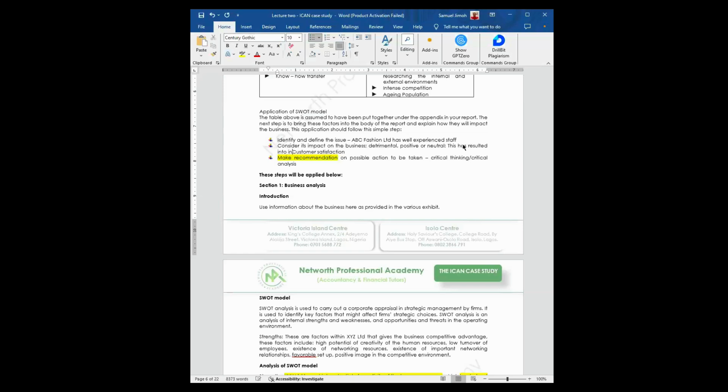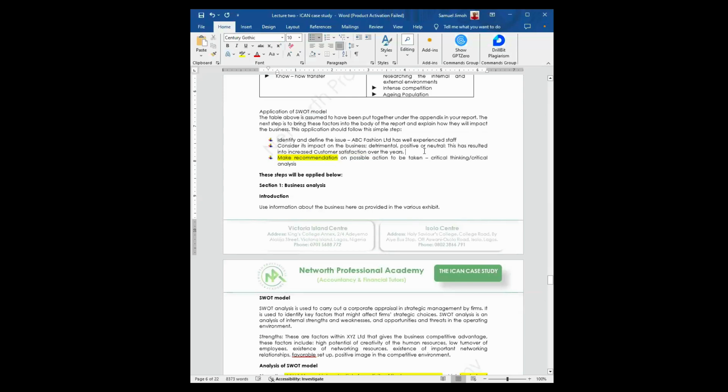Into increased customer satisfaction over the years.